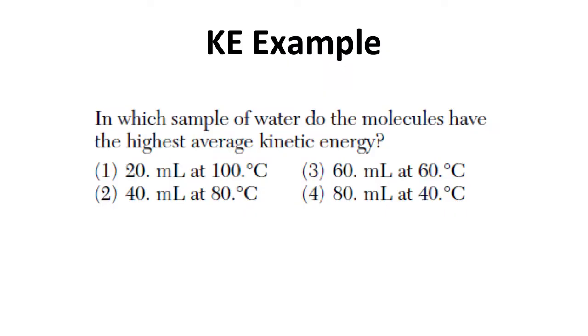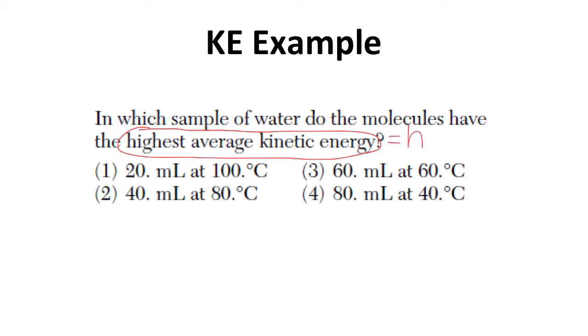So we have seen, I think, this exact question quite a few times already this school year. In which sample of water do the molecules have the highest average kinetic energy? That means on average, because there's billions and billions of particles, which ones are moving the fastest with the most kinetic energy?